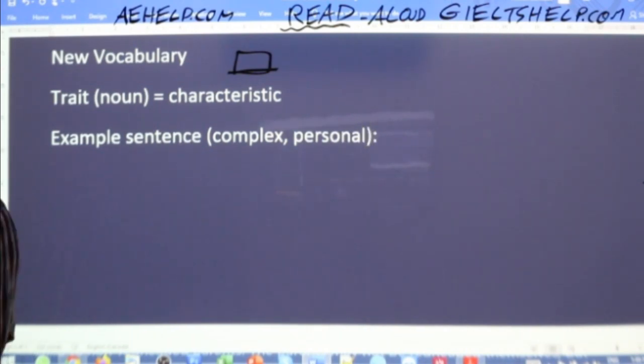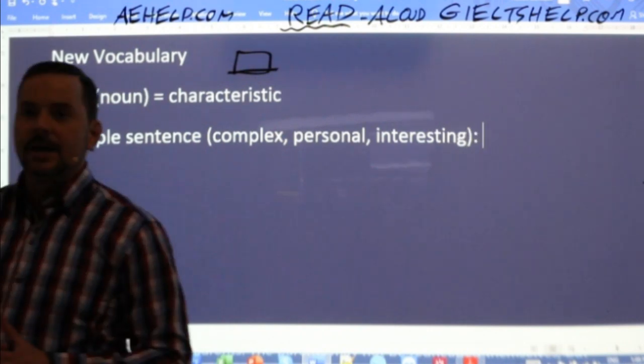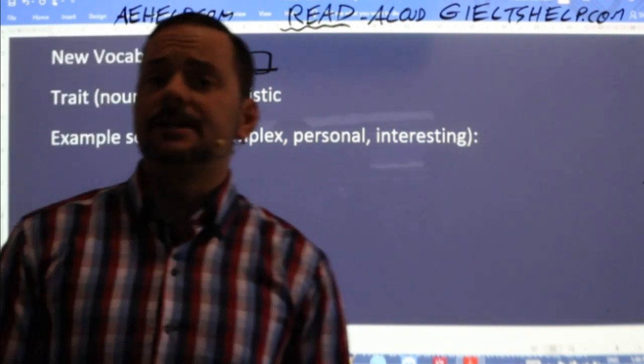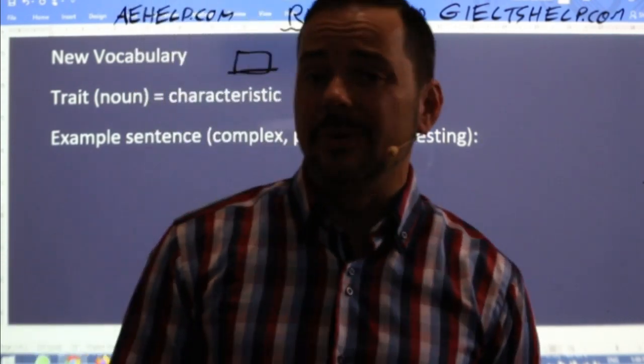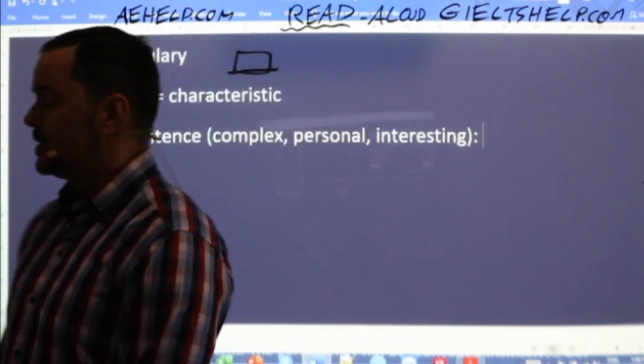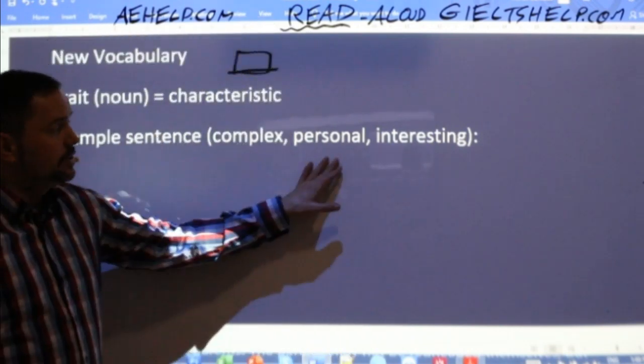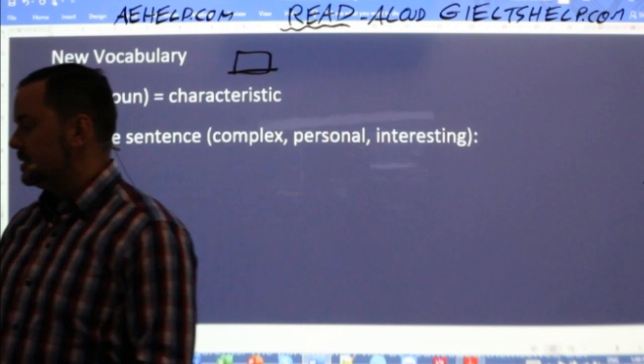There's one more that I'll remember here in a second. Oh yeah, interesting. Okay. So whenever you write an example sentence, to remember vocabulary that you hear in the listening section or read in the reading section, make sure that it's complex, it's personal, and it's interesting. What do I mean? Something like this.